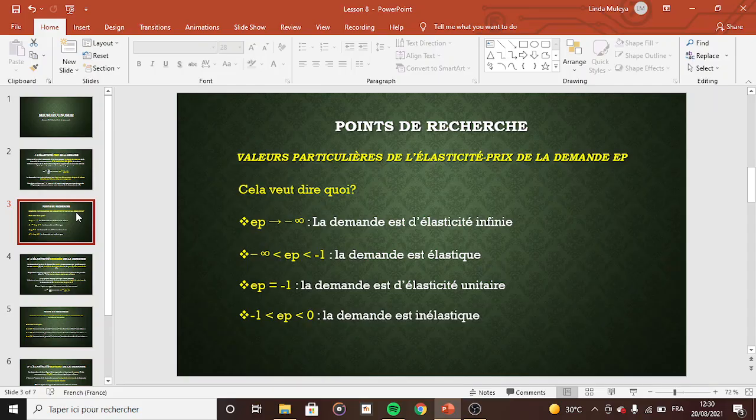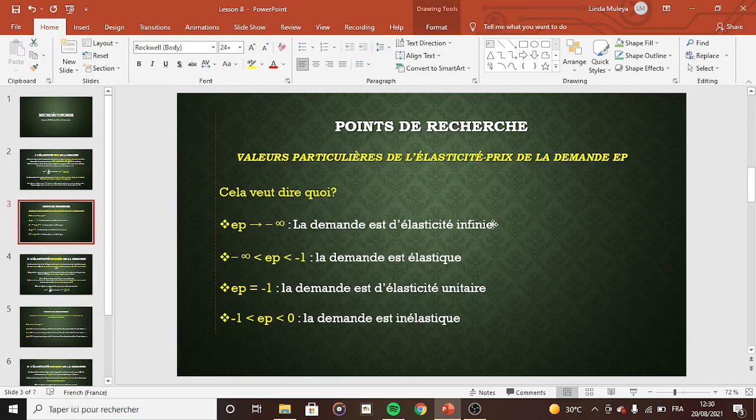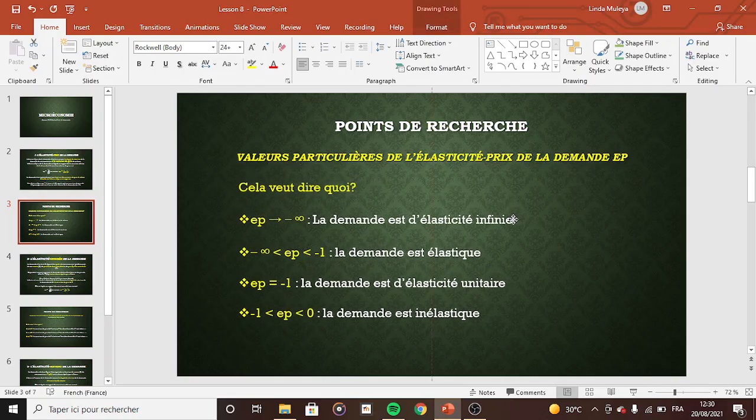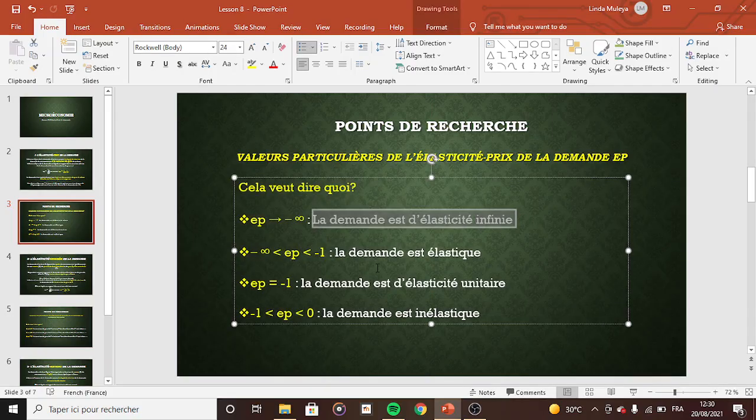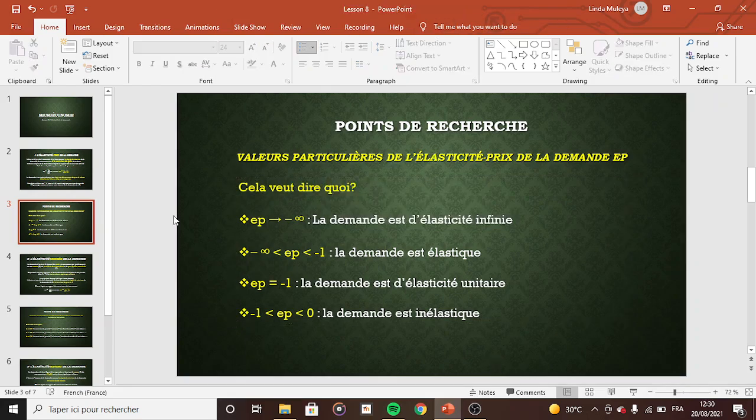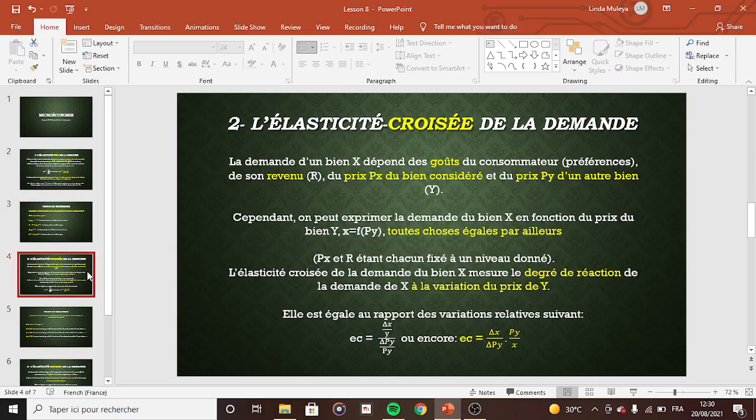To make the work simple for you, you could just get these phrases and input them in your Google. As usual, I recommend that you do this in French. So you can take these and put them in Google and just search what they mean. And yeah, you'll get your answers. The next thing we'll look at is élasticité croisée de la demande.